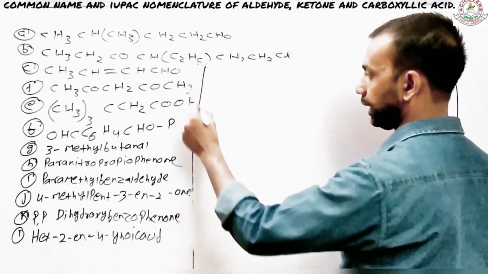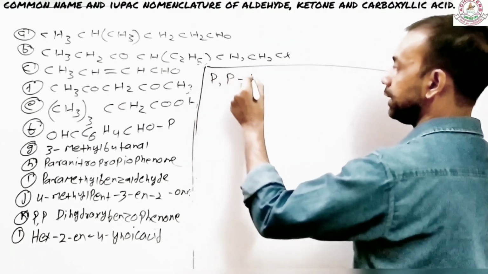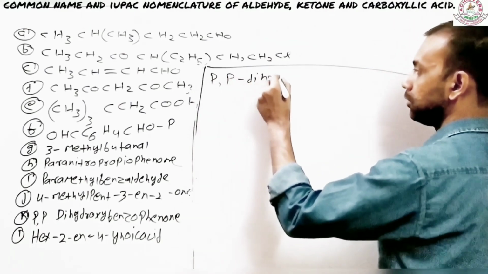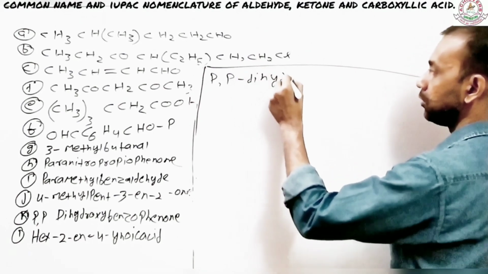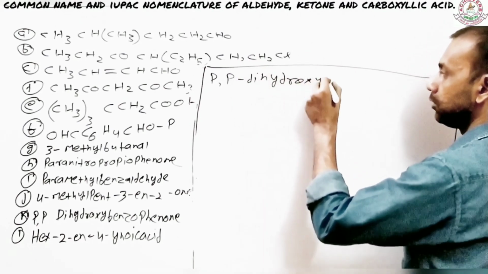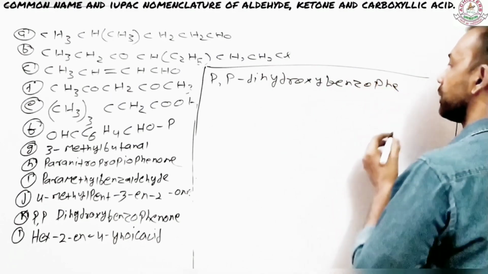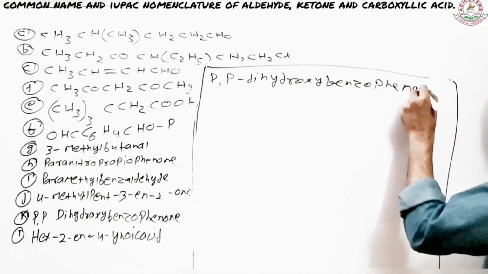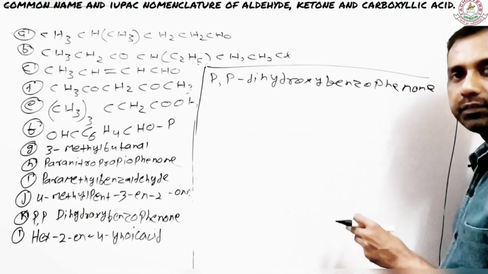dihydroxybenzophenone. Let me write the name first. It's p,p-dihydroxybenzophenone, right? Now, there is something you have to concentrate on because this is a little bit different here.